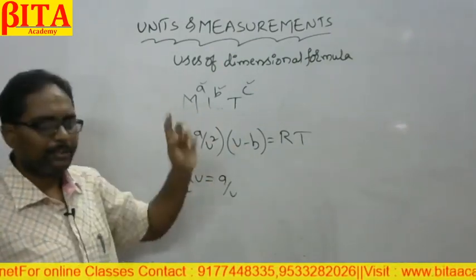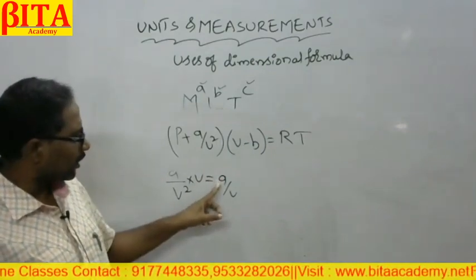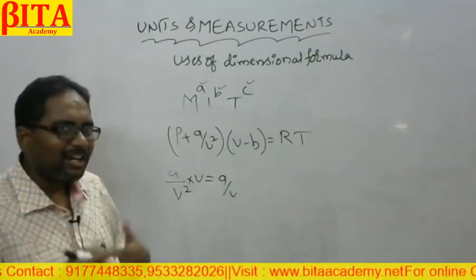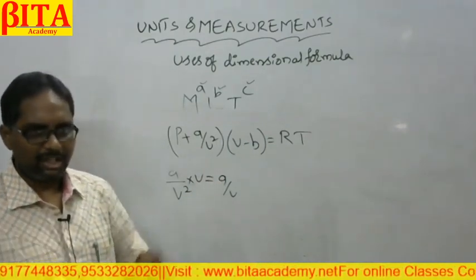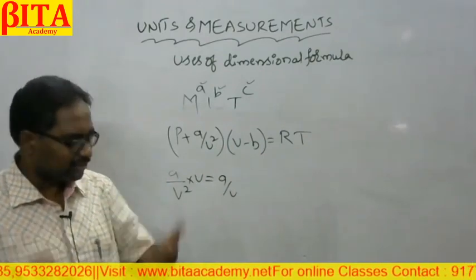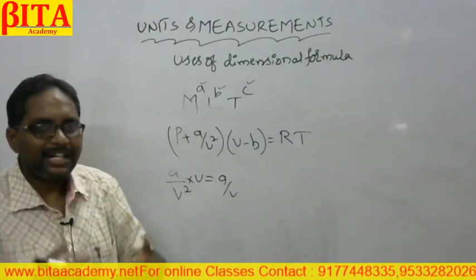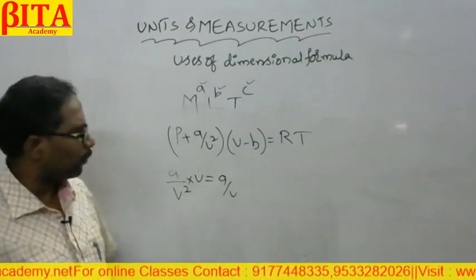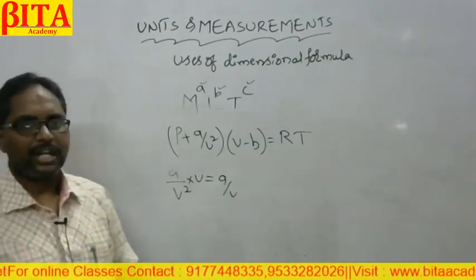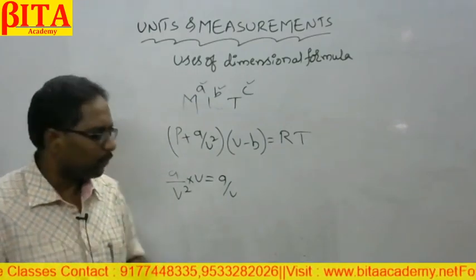So A by V square into V is equal to A by V, which is one of the terms in this equation. And in this equation, A is a constant. Our aim is to find the dimensional formula of A, and I am going to explain how.